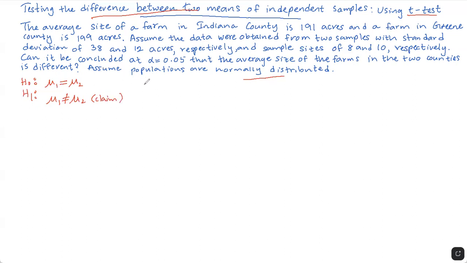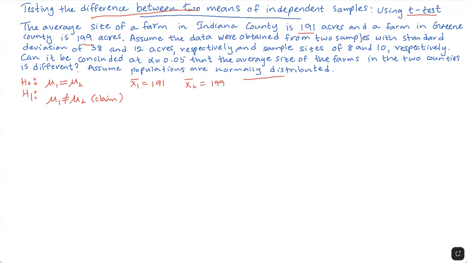And let's look at the information. X1 bar, the first sample mean, is 191. And X2 bar, the second population is the farms in Greene County, and the sample mean is 199 acres.